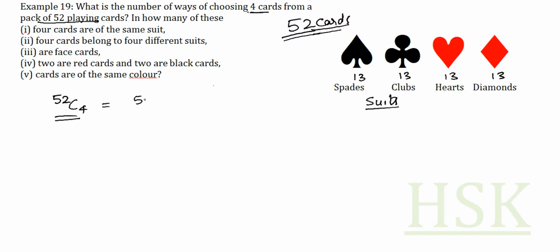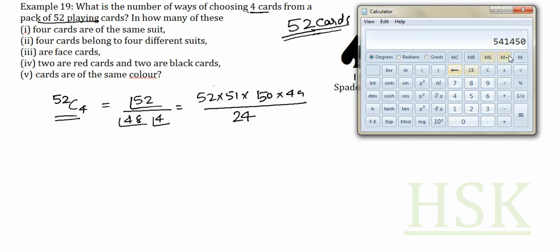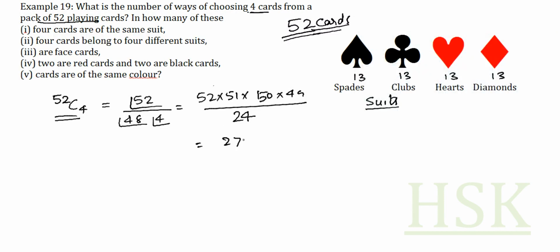This will be equal to 52 factorial upon 48 factorial into 4 factorial, which is 52 into 51 into 50 into 49 upon 4 factorial. 4 factorial is 24. Multiplying 52 into 51 into 50 into 49 and dividing by 24, this is equal to 270,725. So this is the answer for the first part.